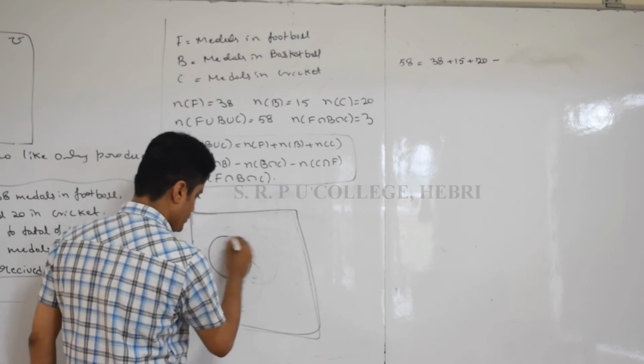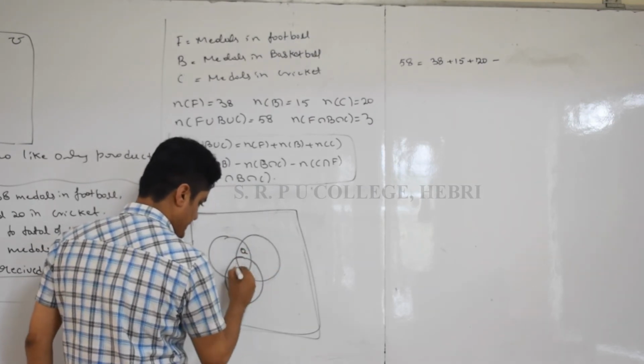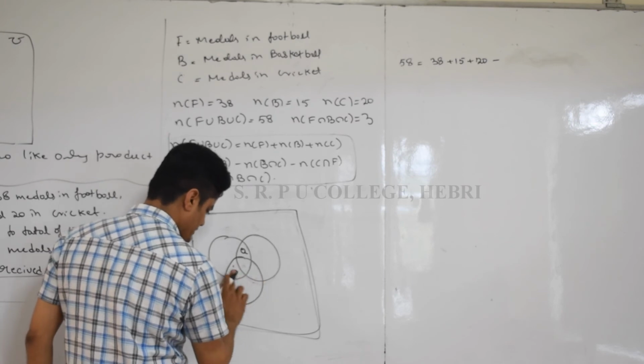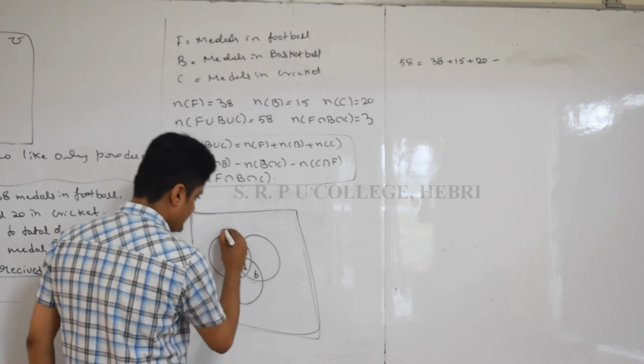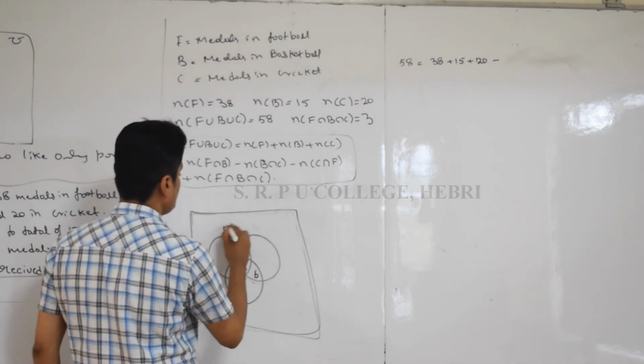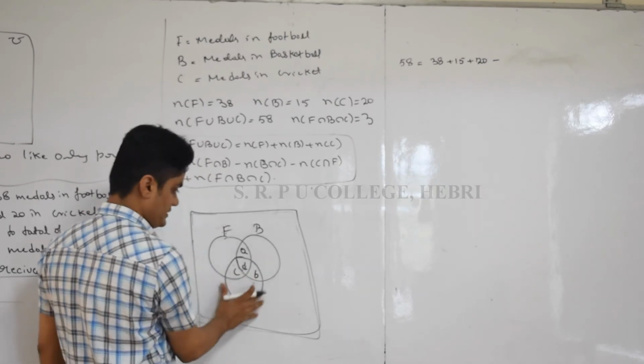You have to consider 3 sets. I'll take this as A, this is B, this is C, and this is D. Sorry, this is football, basketball and cricket. So this is the diagram formula.